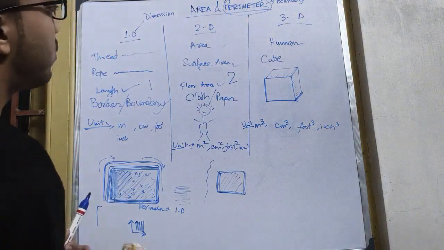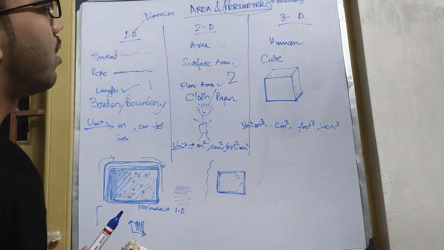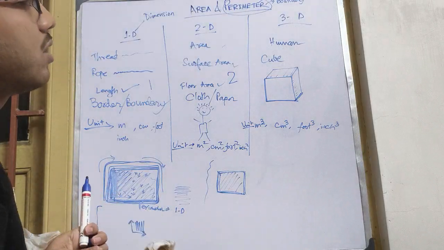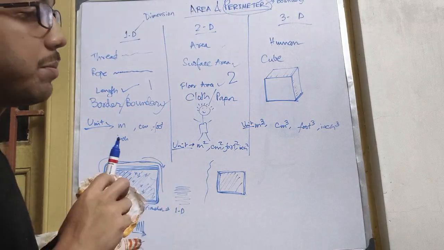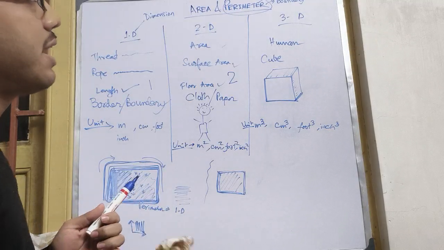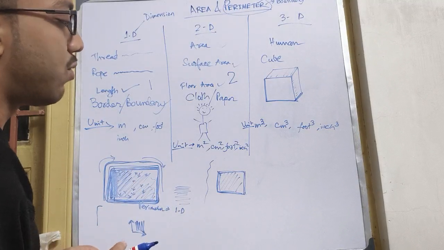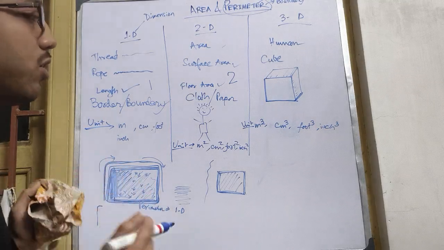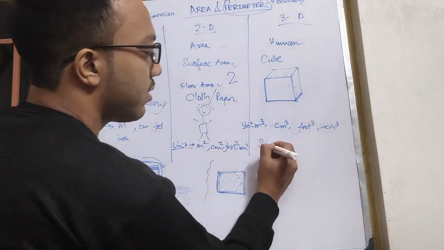So let's move on, the basic area and perimeter concept is done. Now we can move to the shapes for which we have to calculate area and perimeter. For now you only have to calculate for 1D and 2D objects, mainly 2D objects.